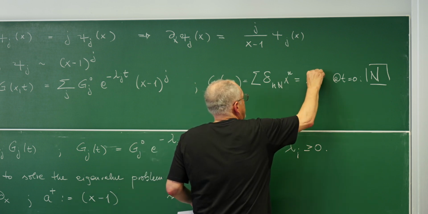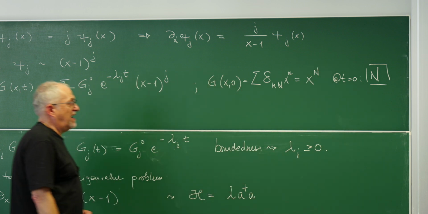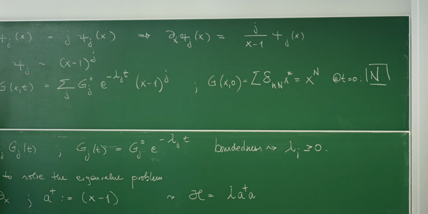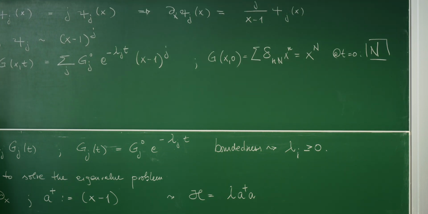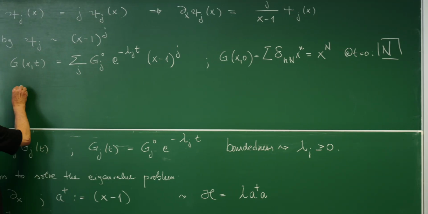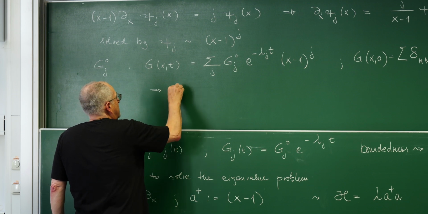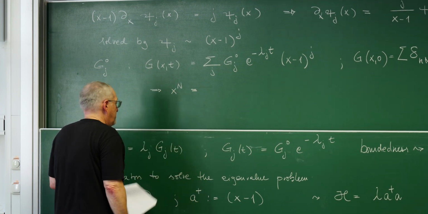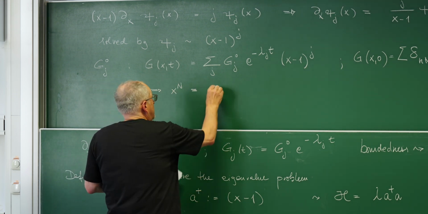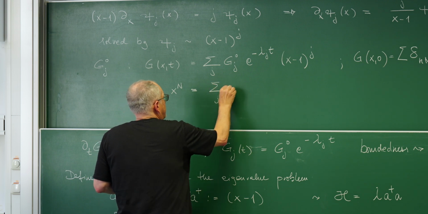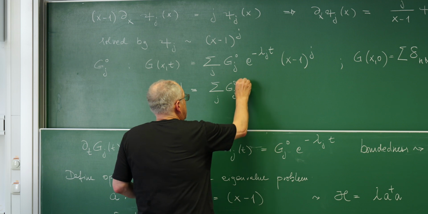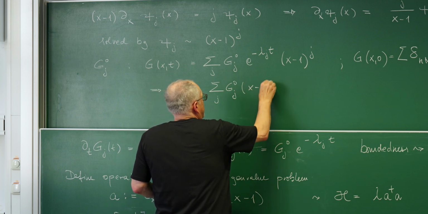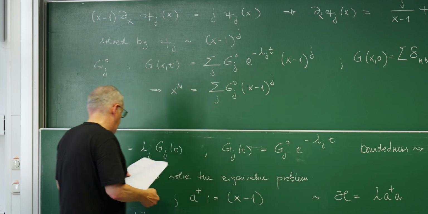So what you get is x to the capital N, where capital N is the initial number of particles. So from that we conclude that x^N equals a sum over j of the initial values times (x minus 1) to the power of j.